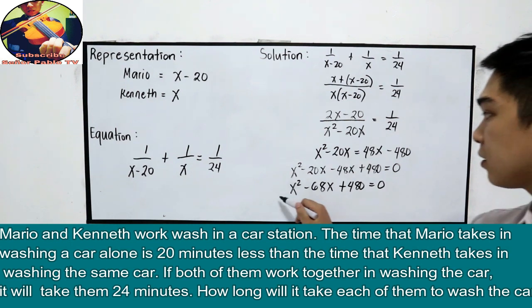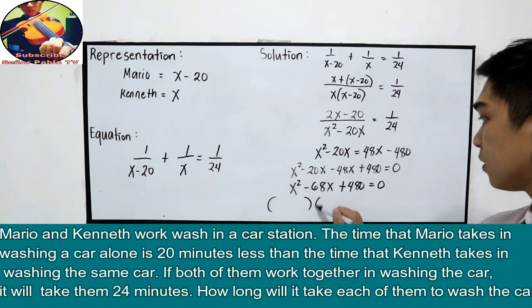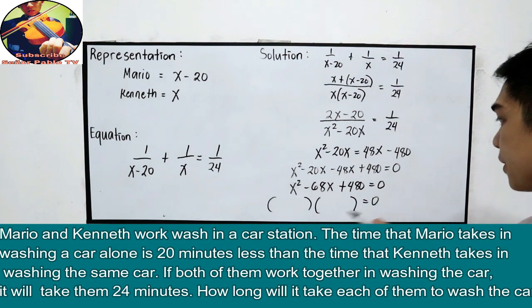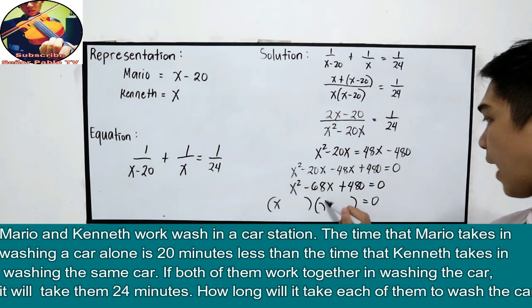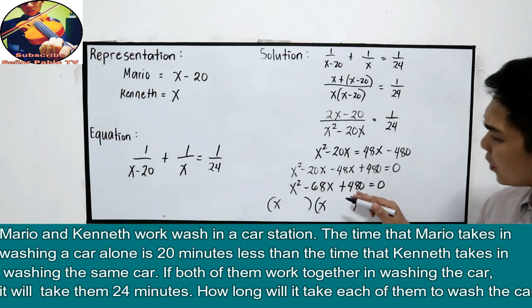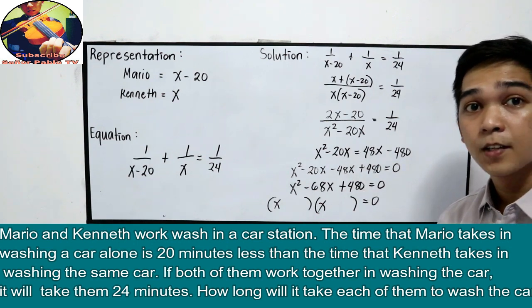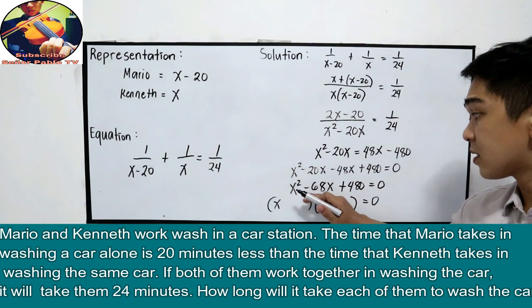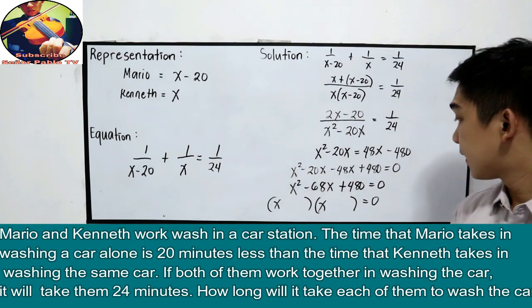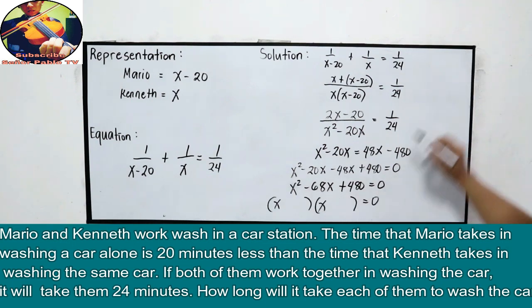Now, factor out. So, X and X. Factors of 480, dapat ang sum niya is 68.